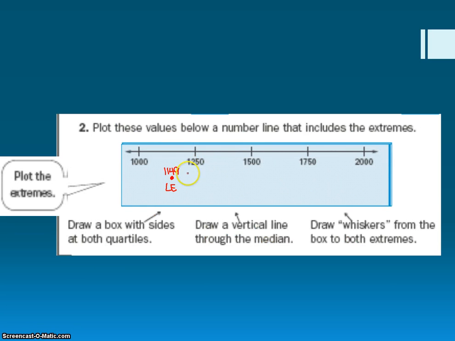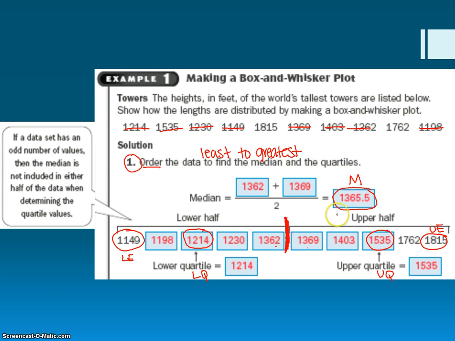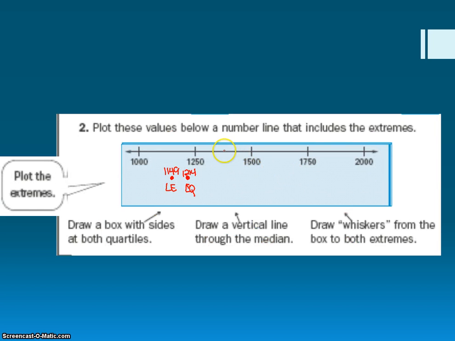Okay, let's make the 5 dots. 1,214, which I'm going to say is about there. That's your lower quartile. That's 1,214. The median was 1,365.5. Again, it's just a rough estimate.